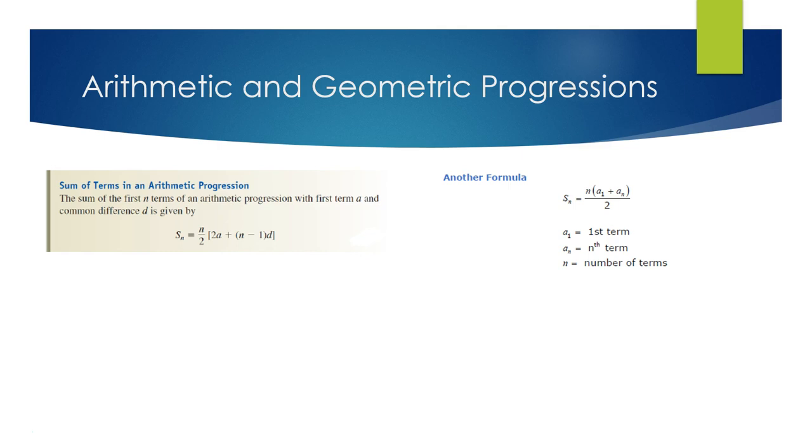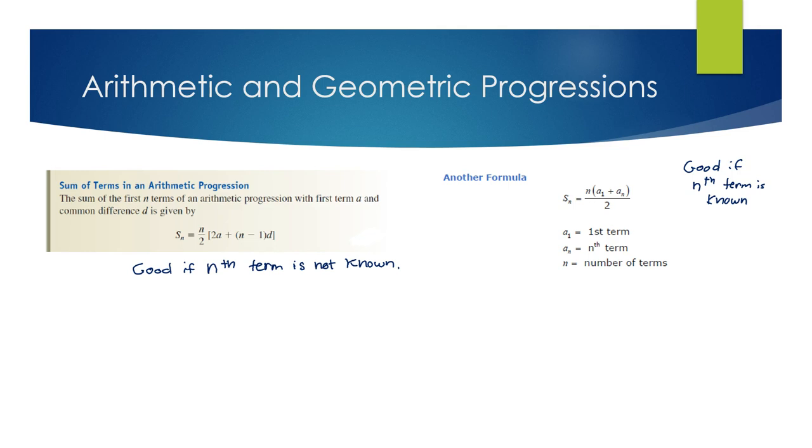These are good for different circumstances. The first one, the one the book gives, is good if the nth term is not known. If I don't know what the last term of the sequence is or I haven't found it, that's the one I want to go with, because the other would require an extra calculation. And actually part of the calculation of finding that nth term is in that formula.